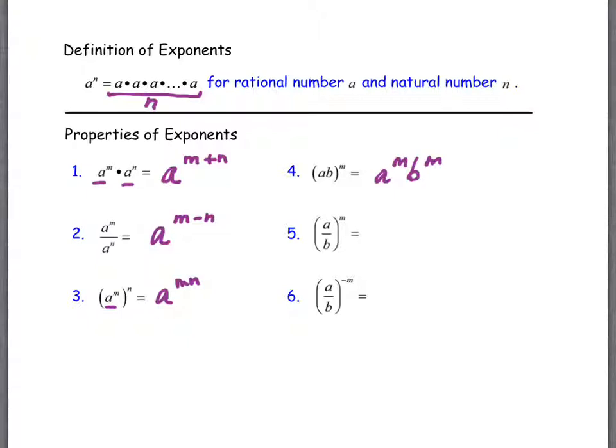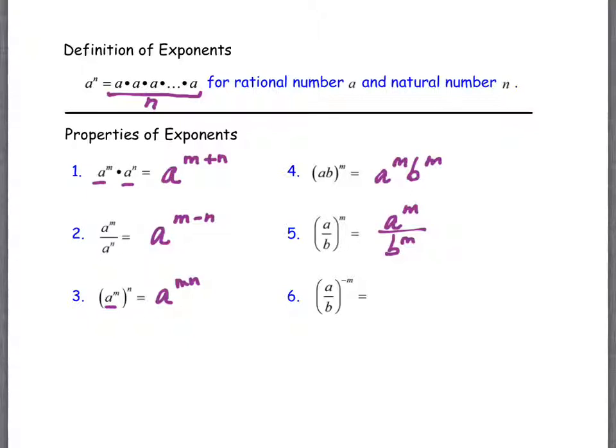It's got the same basic format. If I can do it with multiplication, I can do it with division. So I've got a to the m over b to the m. How do 5 and 6 differ? There's a negative on number 6. Do you guys remember what the negative does? Yeah, it's a reciprocal.